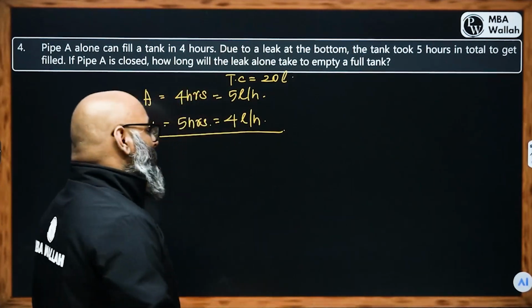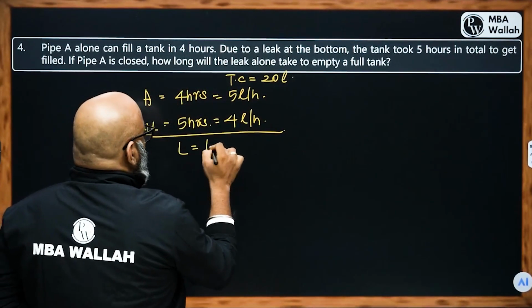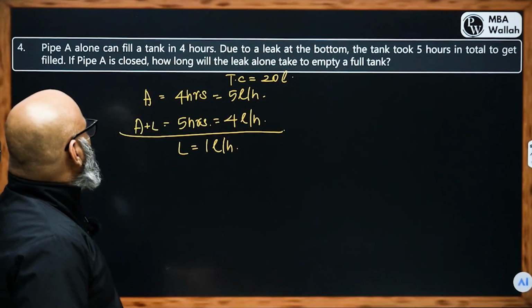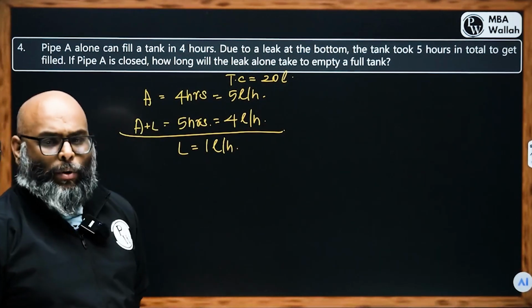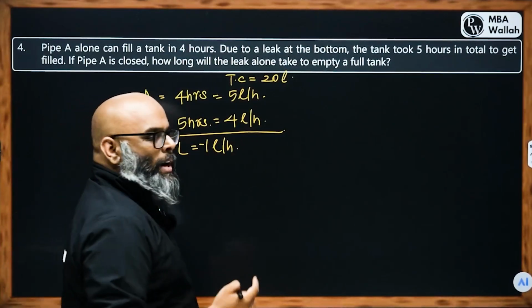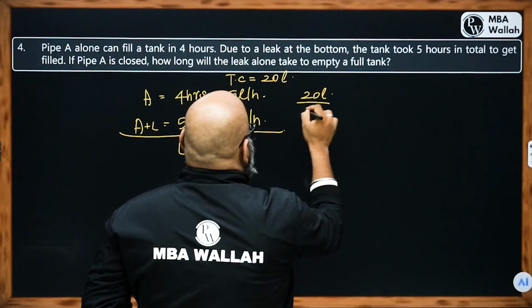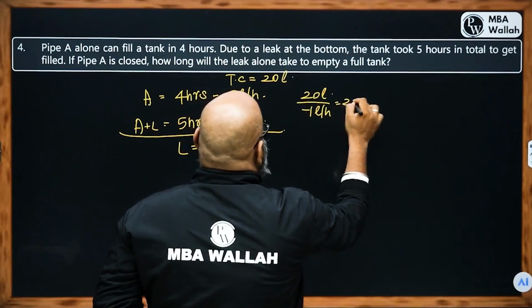Which means the leakage is going to be 1 liter per hour. That's all. So the question is, how long will the leak alone take to empty a full tank? By leaking out 1 liter every hour, to leak out 20 liters, that would be 20 hours.